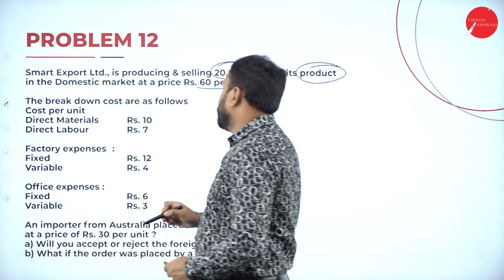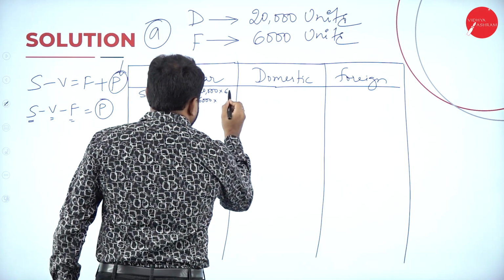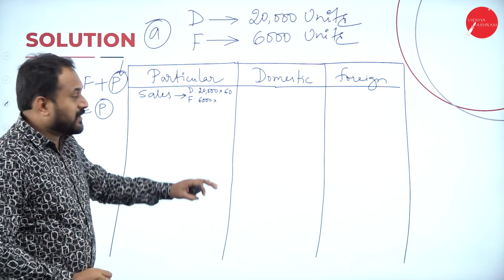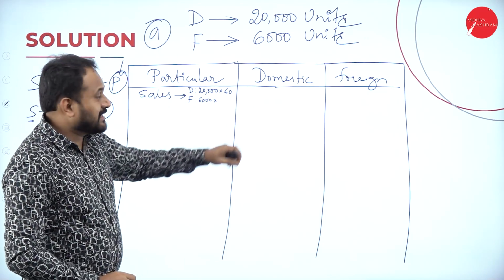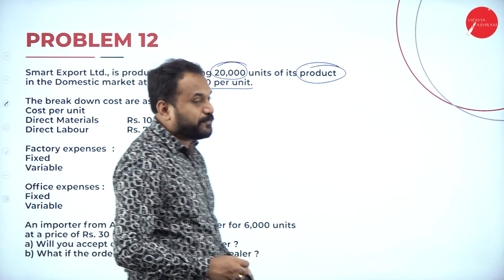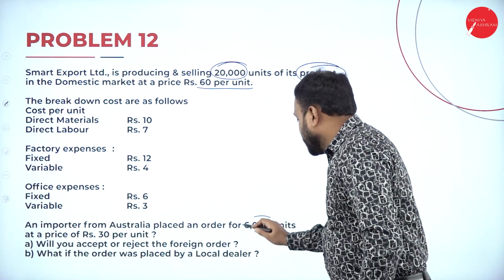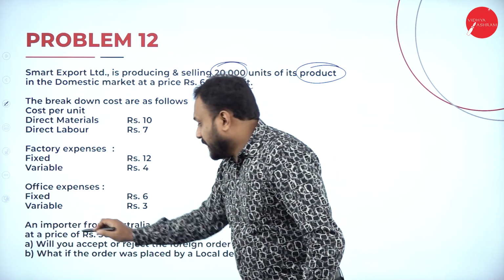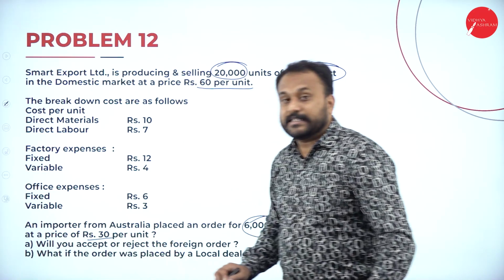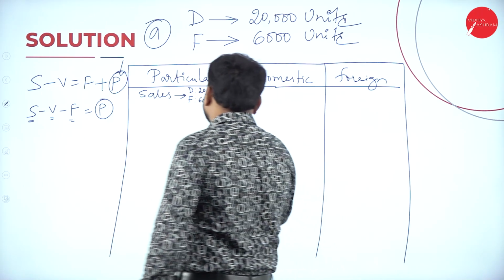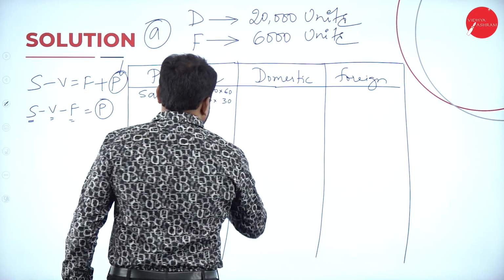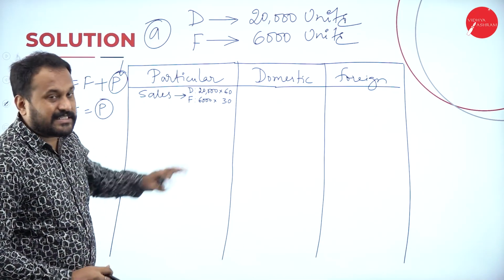That means here you should do into 60. So domestic sales is how much? Into 60. The same way for foreign, how much is it? 6,000 units, and he's asking for rupees 30. So here we'll go with rupees 30. Done. This is my working note for sales.